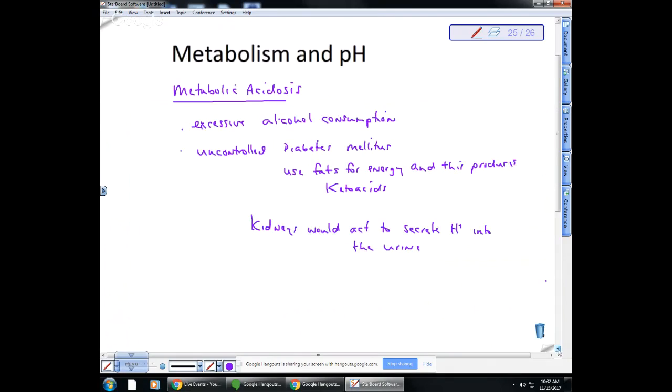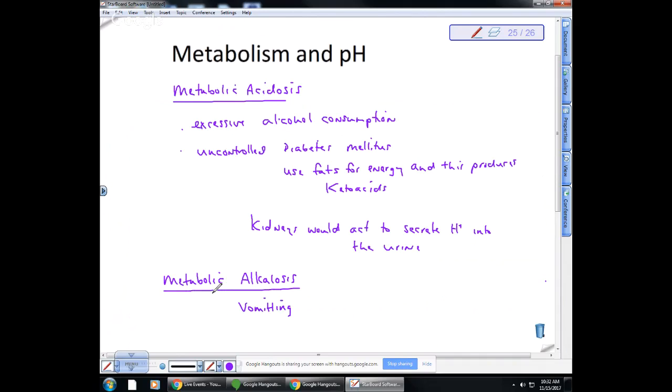Okay. Then we have metabolic alkalosis. This would be where your pH becomes too high or the hydrogen concentration becomes too low. This can be due to vomiting, for example.